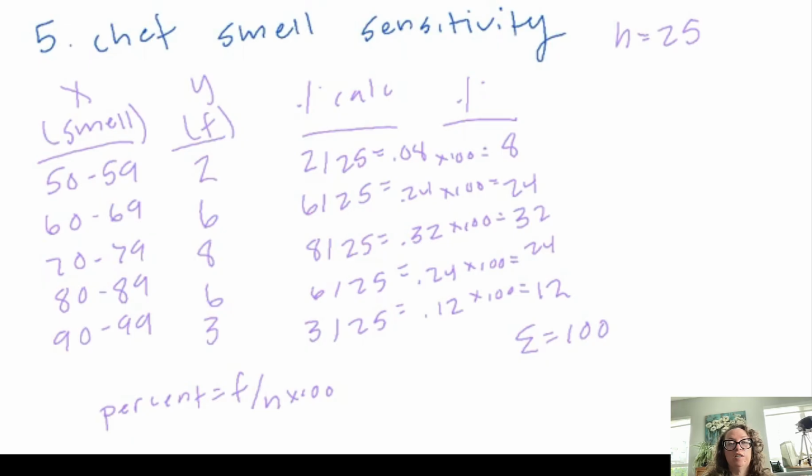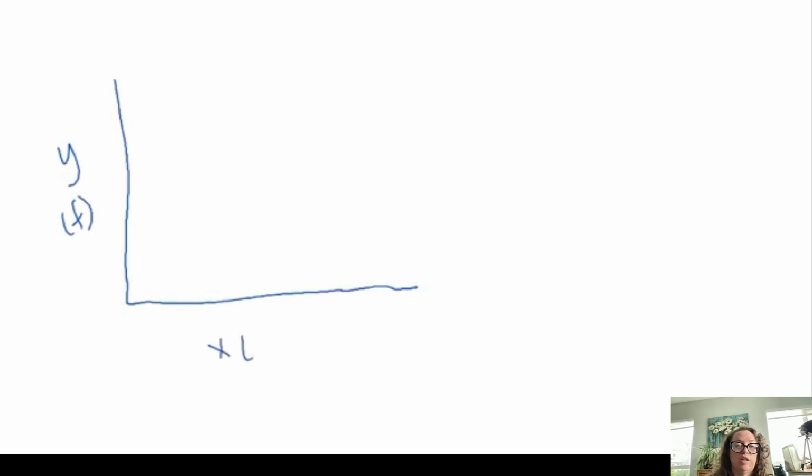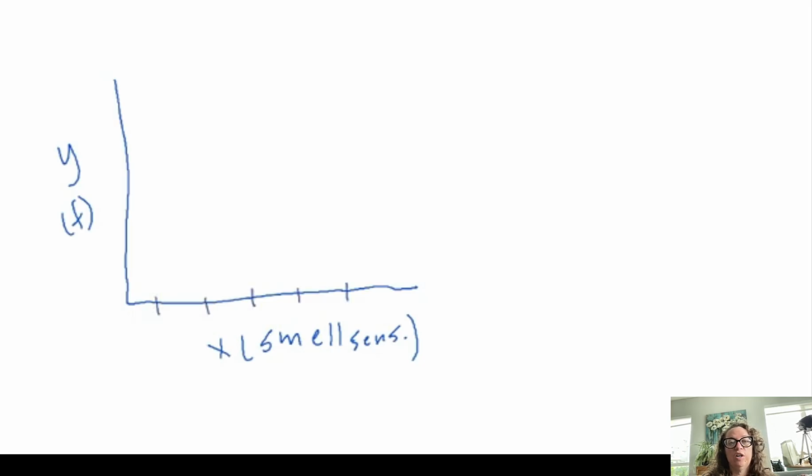Let's go ahead and make this into a histogram. Let's get some axes over here. So our y-axis will be frequency, our x-axis will be that smell sensitivity variable. And what we need on our axes, so we have 5 categories, 1, 2, 3, 4, 5, all right, so 5 intervals here. And then we have frequencies occurring up to 8.